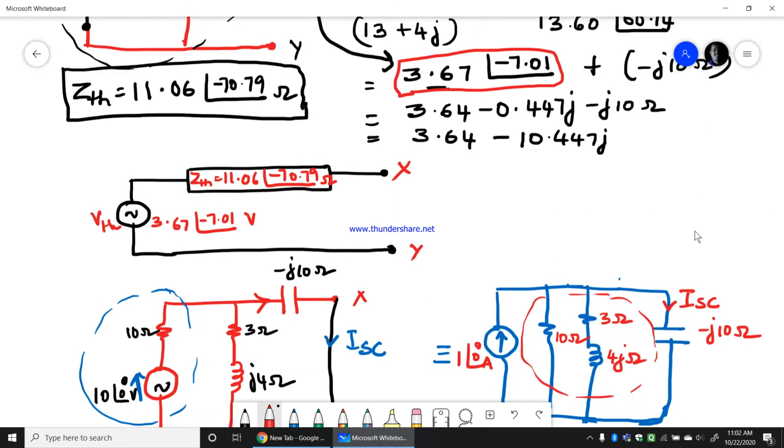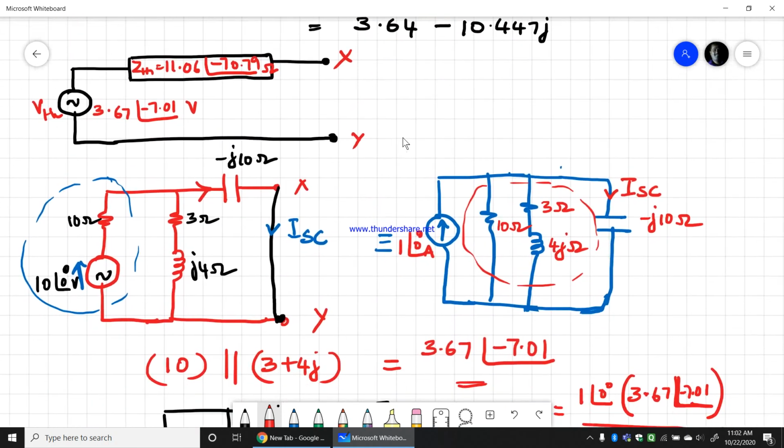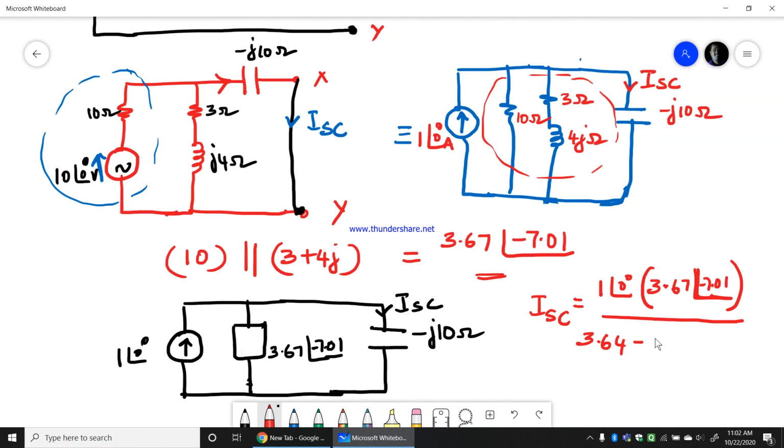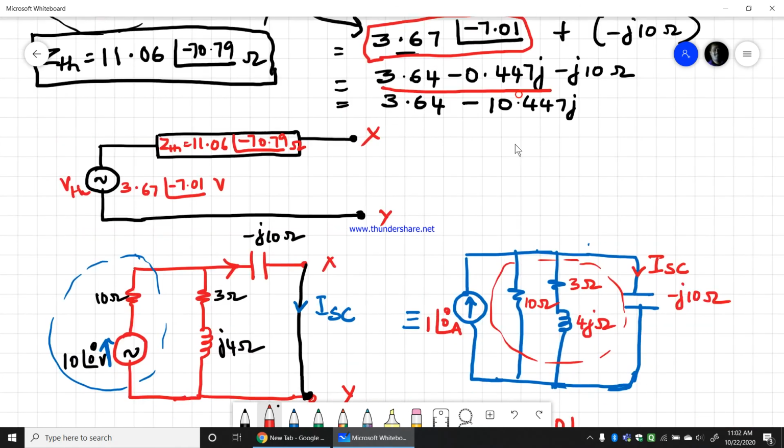When we find out the rectangular term, this is what we get: 3.64 minus 0.447J minus J10. This we have found earlier, so I am just writing it again. So this will give me the same answer which we have already done here.